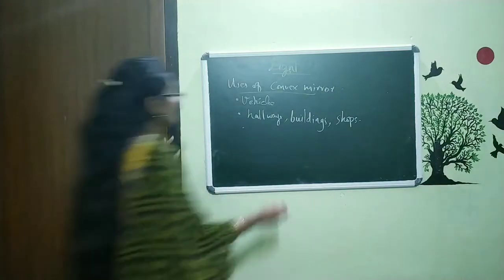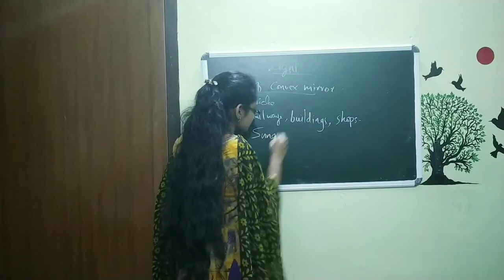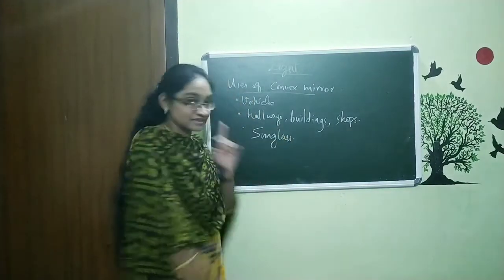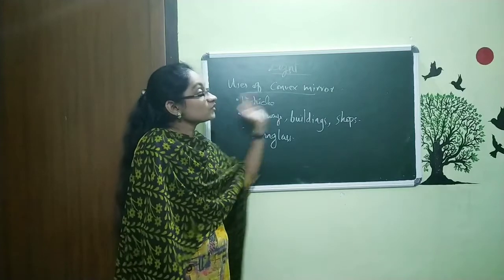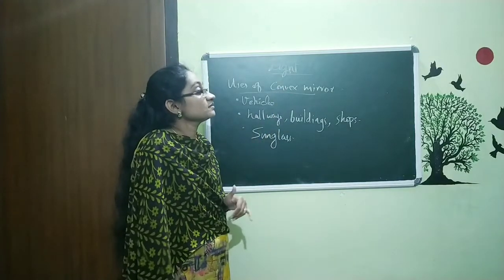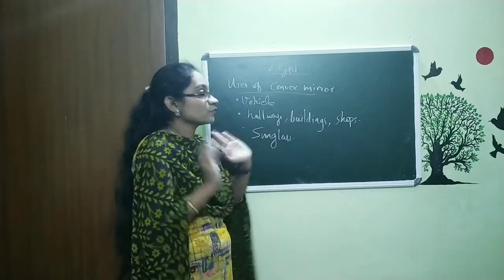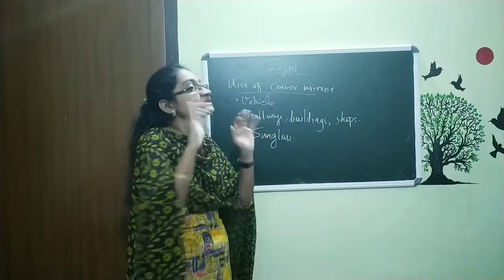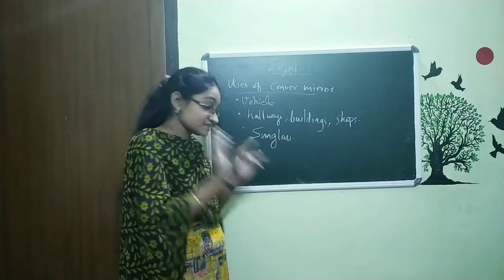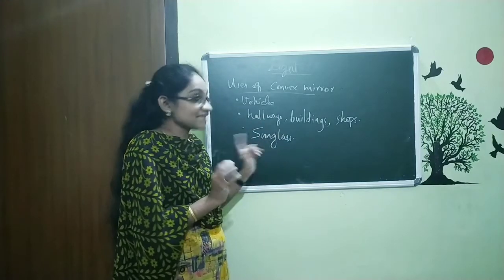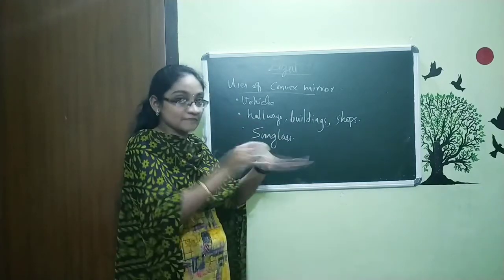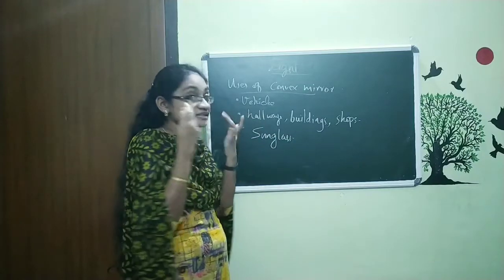We are using this in sunglasses. The reason is this: the concave mirror focuses the light, but here we know it does not focus the image on a screen. In a similar way, for sunglasses the light will reflect back and not get focused on our eyes.